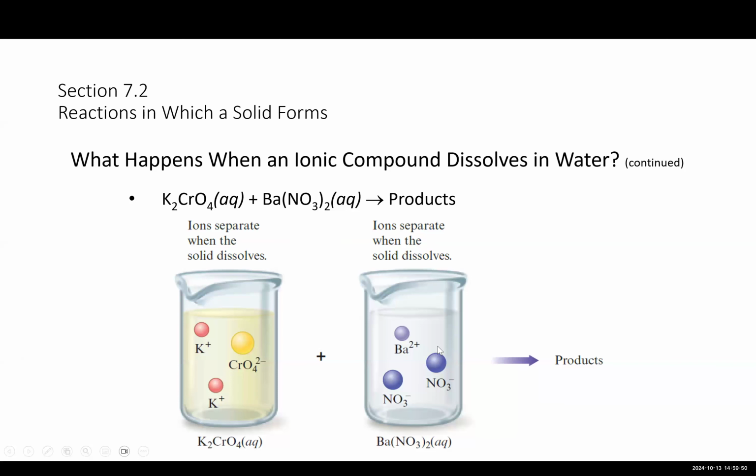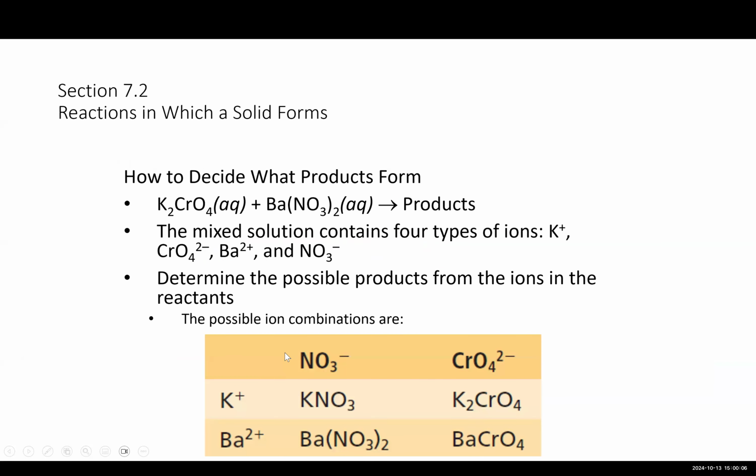In the other beaker, you have barium nitrate. When you put it into the water, you will have a barium cation and a nitrate anion. If you mix these together in one container, then you have the option of the potassium cation interacting with either nitrate or chromate.